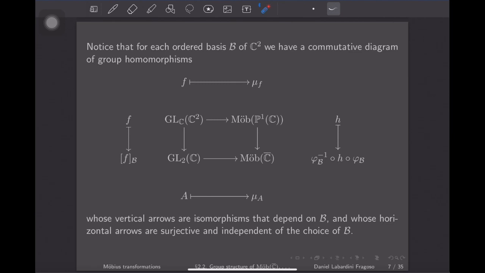Of course, fix a basis. And then I have this commutative diagram. Does everyone know what a commutative diagram is? Yes. Okay.